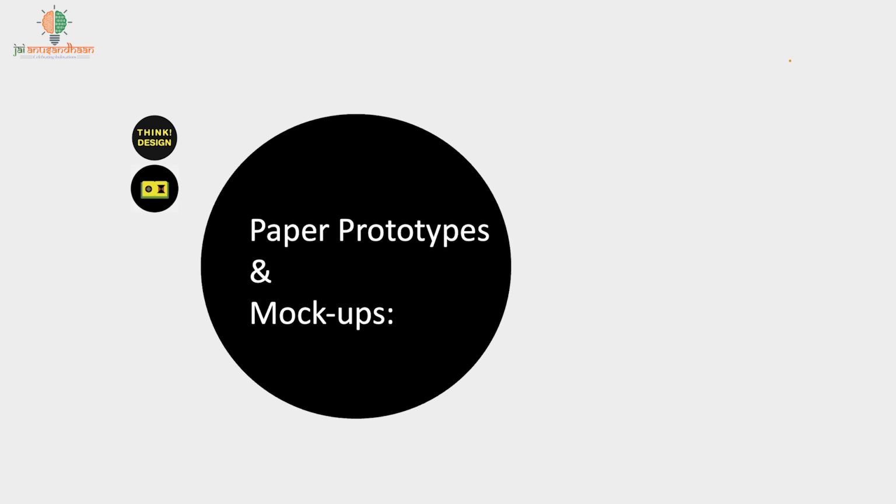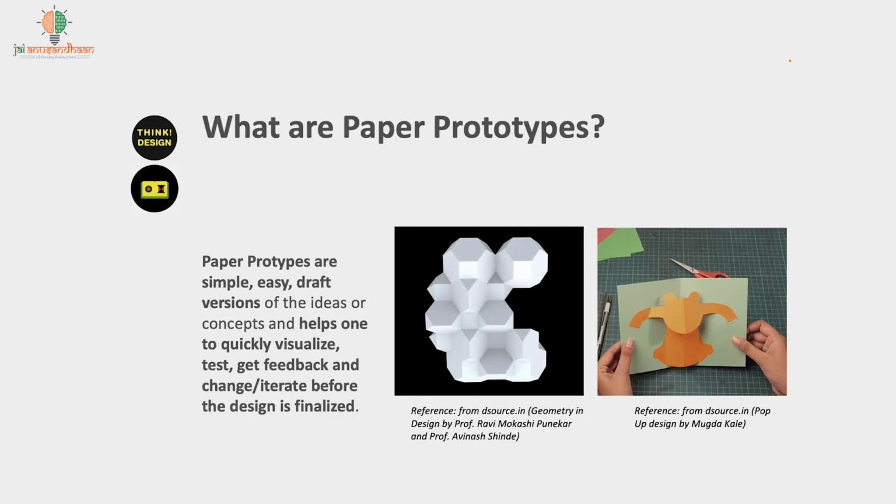That was drawing, which helps you visualize either the concept itself, the idea itself, or even the layout of what you are trying to do. Now we are moving on to how you can make use of paper. Paper is very interesting because by joining paper you can even create three-dimensional objects, and it's very quick to do.